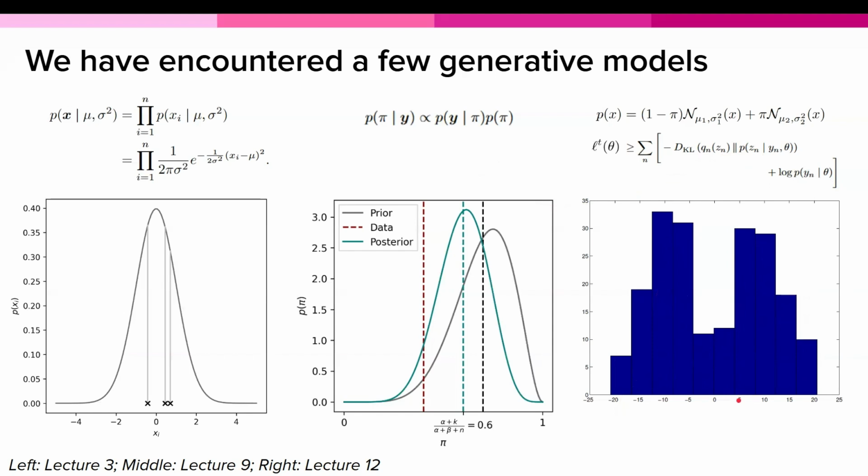We tackled that with the expectation maximization algorithm, which involved incorporating a set of hidden variables, or an auxiliary distribution over those hidden variables, Qn of z.